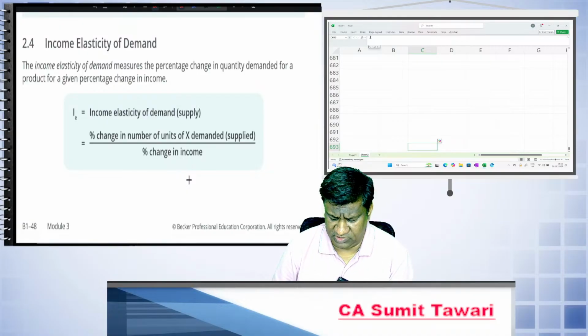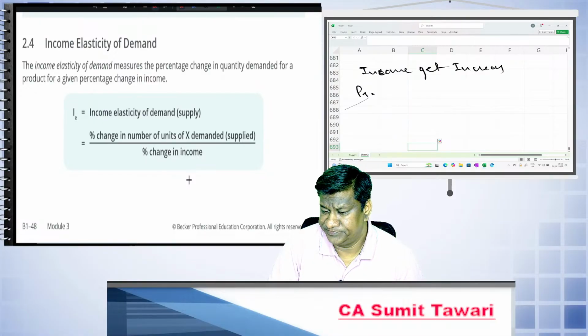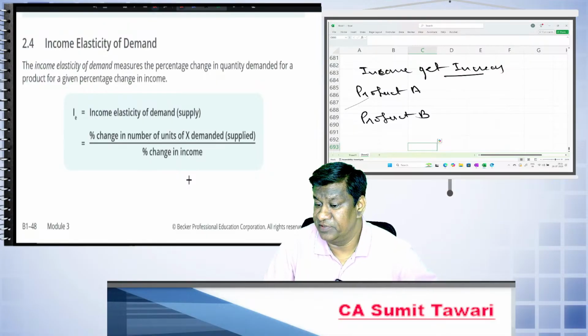If your income increases, what do you think? People tend to buy more products. If income increases, buying of product A increases, but buying of product B decreases.